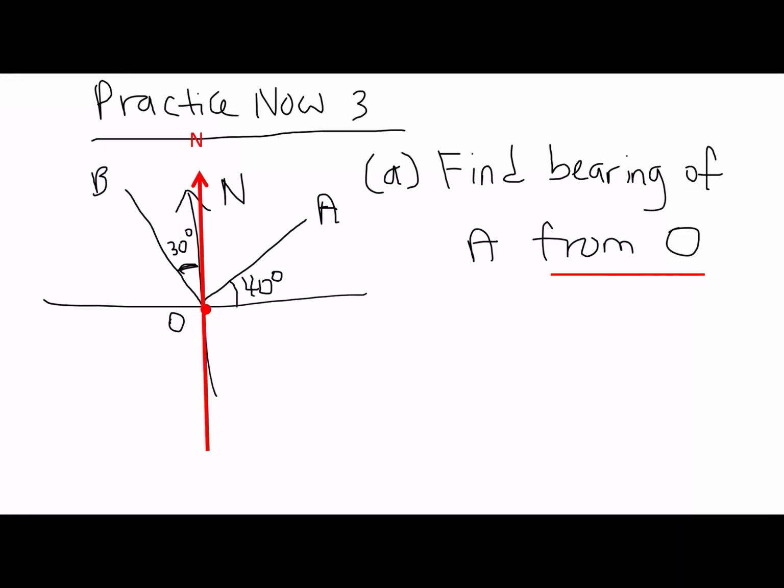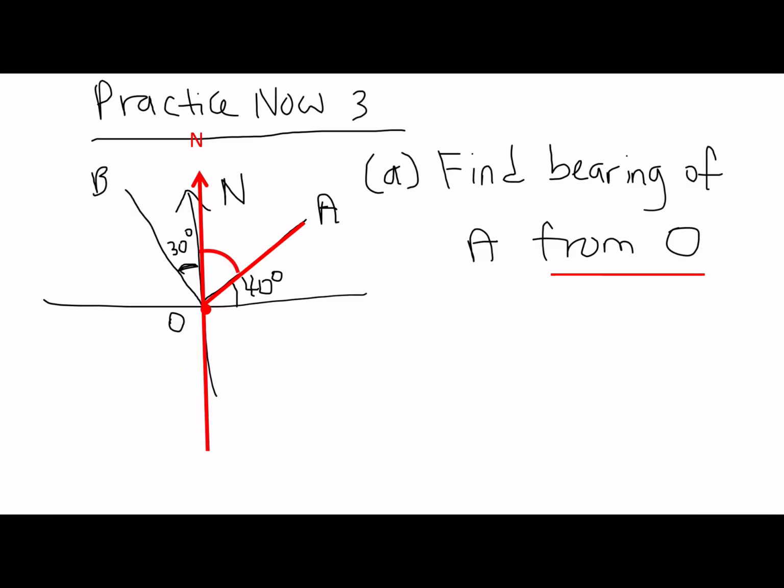So I draw the line AO. And how do I draw my bearing? From the north line to this line of sight, in a clockwise manner. And how do I start drawing on the north line? I start drawing from a point above point O. So this is the bearing of A from O.